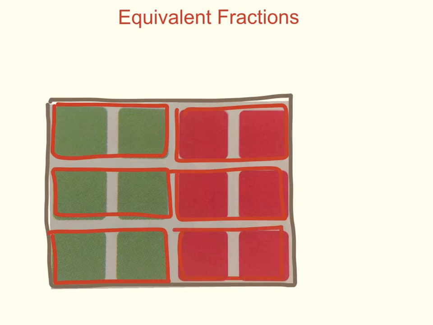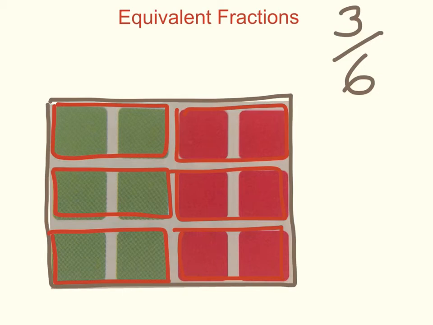Excellent. So now how many groups of 2 do we have? Well, we have 6 groups of 2. And out of those 6, how many groups are green? 3 are green. So we could write a fraction that says 3/6 of this rectangle are green squares. 3 out of 6 groups.